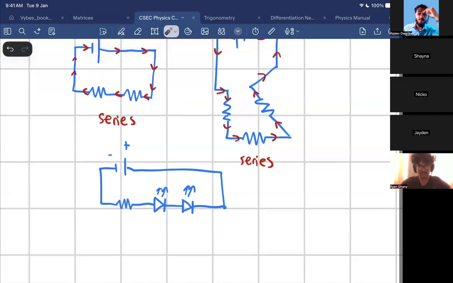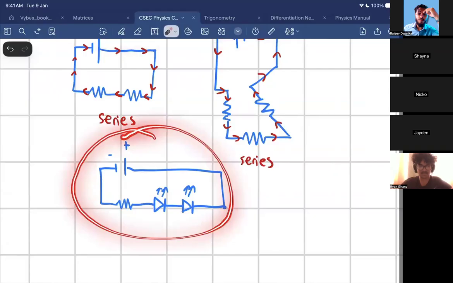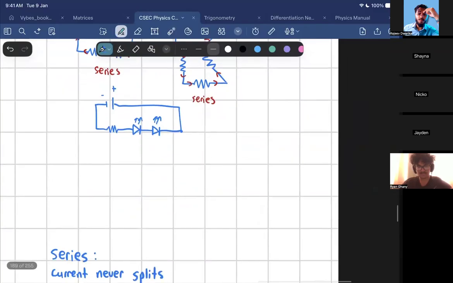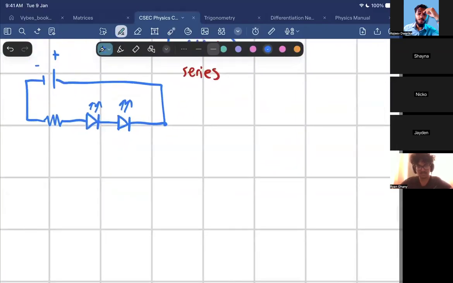So, Ryan, do you understand that this is a series circuit, but the LEDs wouldn't light because it's in reverse bias? Alright, so I think we understand series, right? One last circuit.